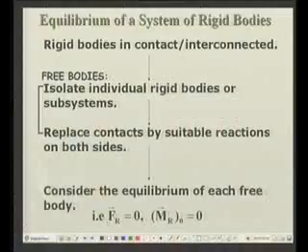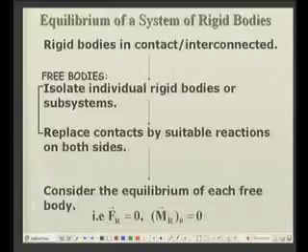So the individual bodies or subsystems of bodies are replaced by suitable reactions on both sides. That's how we will get the free bodies. First we isolate them, and then we replace the contacts by suitable actions and reactions.